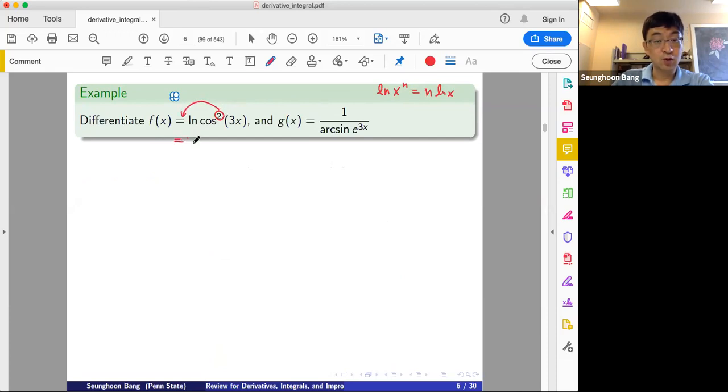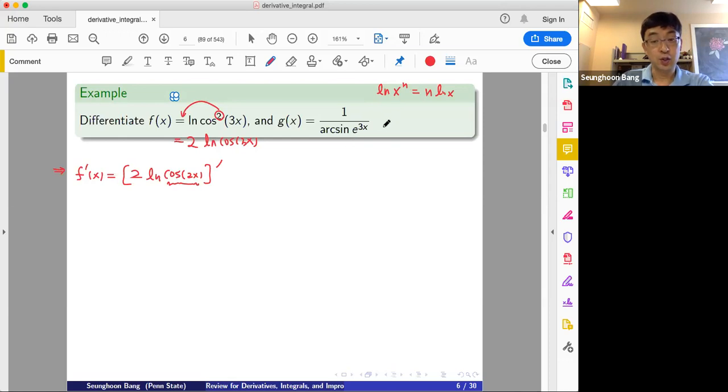Same as 2 times ln of cosine of 3x. So you can find f prime of x. f prime of x is exactly 2 times the derivative of ln of cosine 2x. This cosine 2x is the inner function.